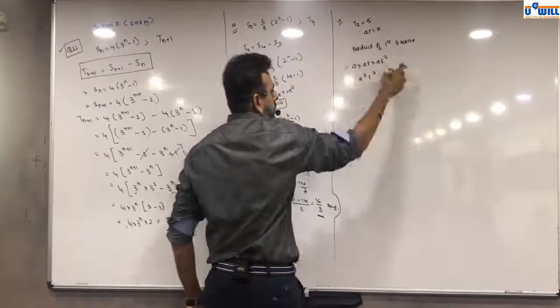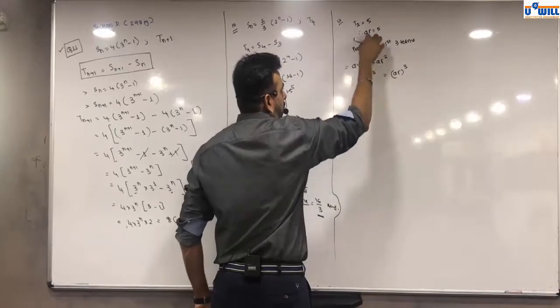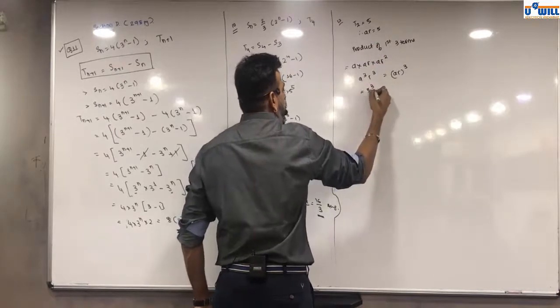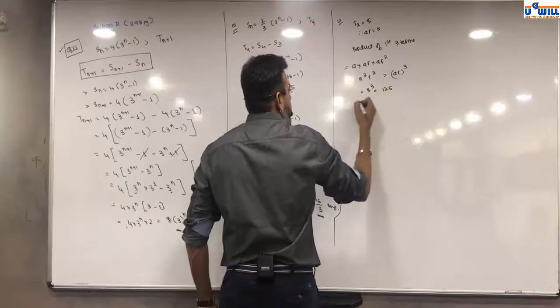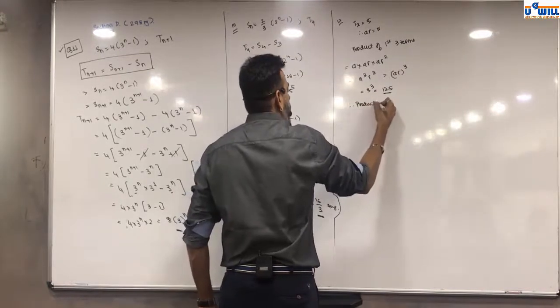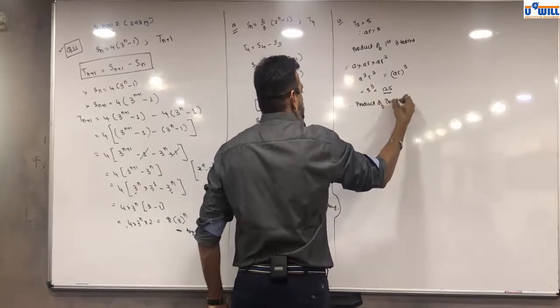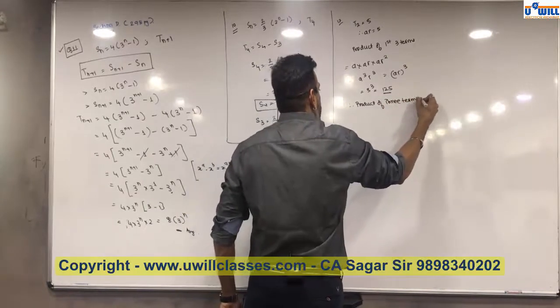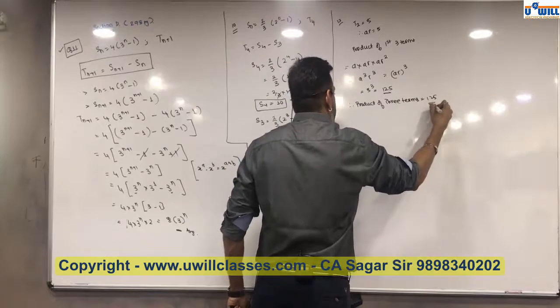What is A into R? A into R is 5, which is equal to 5 cube, which is equal to 125. Therefore, product of 3 terms is equal to 125. Answer.